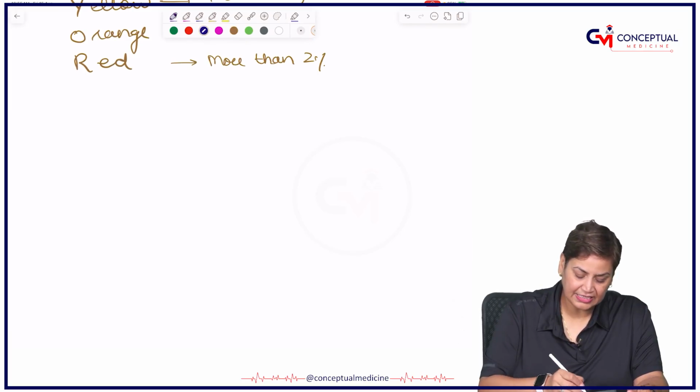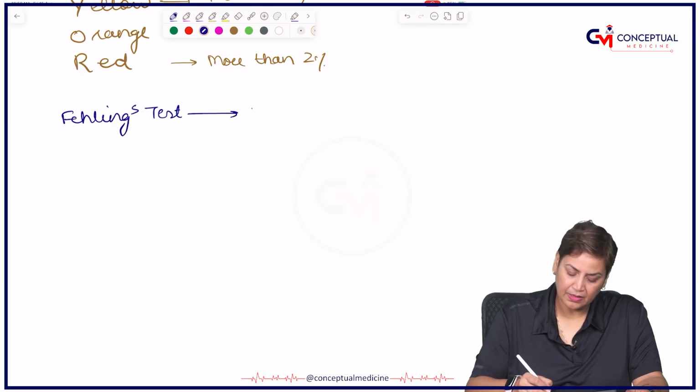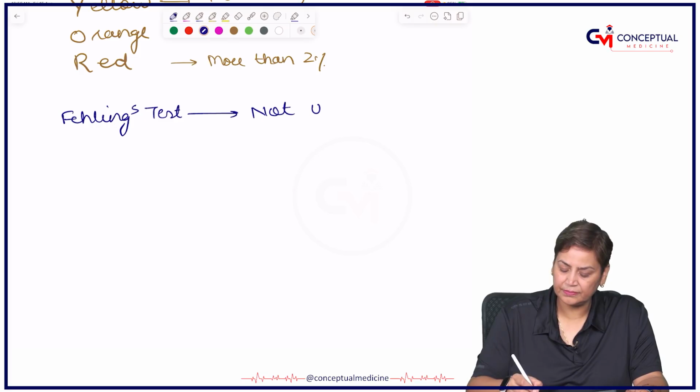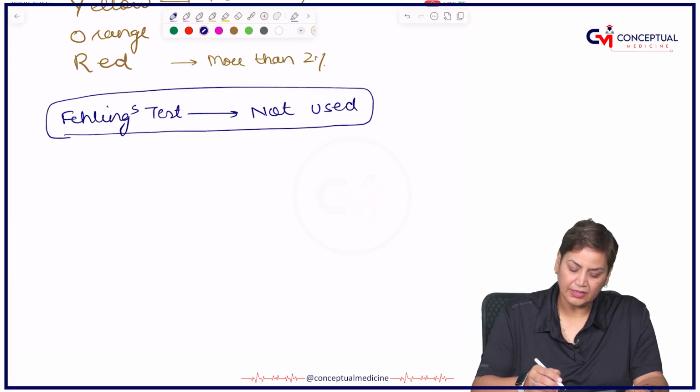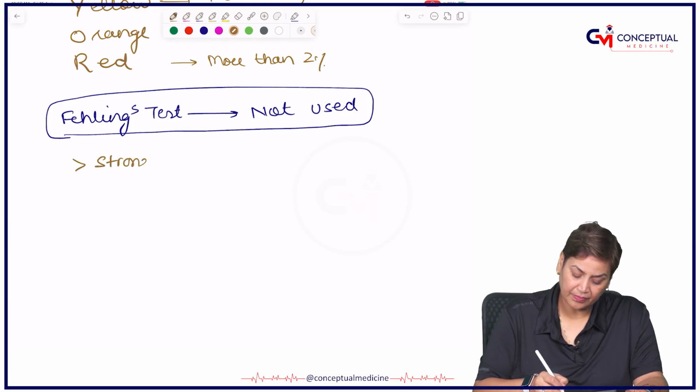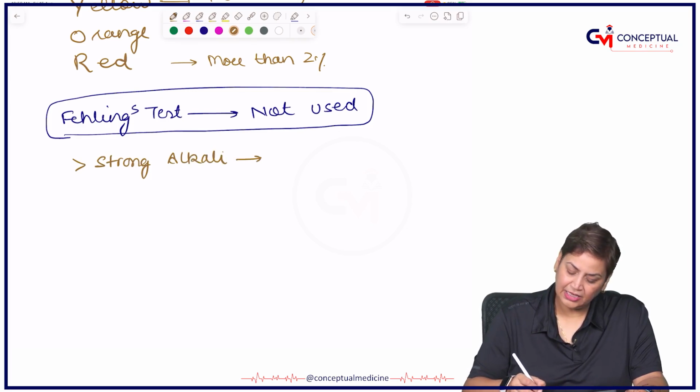Then Fehling's test, I will just write, Fehling's test is not used. Not used. The reason is that it has a strong alkali, so there is less enediol formation or less enolization.